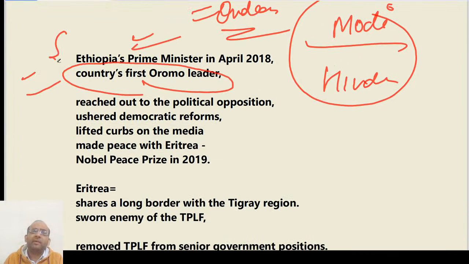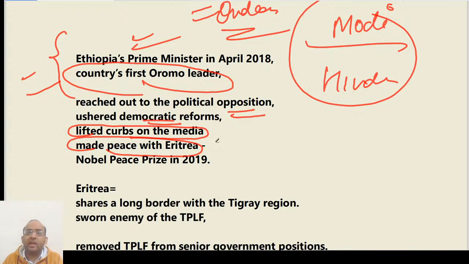Then, good works done by this new leader. He has reached out to the political opposition and he has ushered in democratic reforms, like he has lifted curbs on media and he has made peace with Eritrea. Eritrea is the neighbor of Ethiopia, just like we have the neighbor Bangladesh.